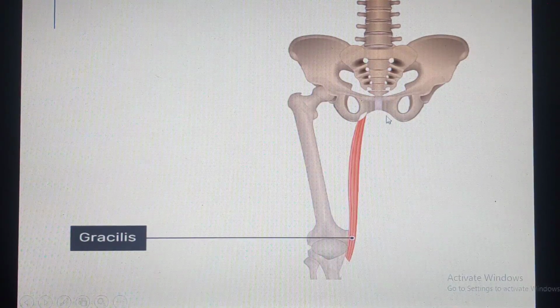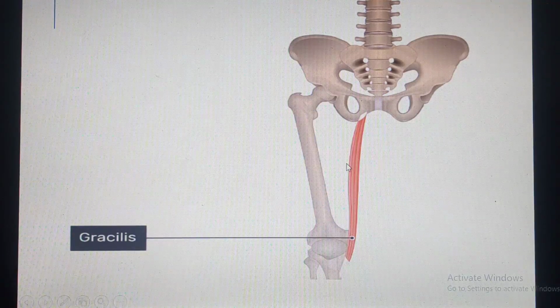That is why we call the sartorius muscle, which is antagonistic to this gracilis muscle, the honeymoon muscle, so that when you are ready, that is when you can use the sartorius muscle to cause lateral rotation and of course abduction.